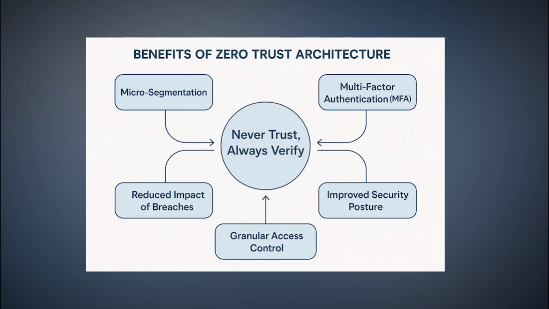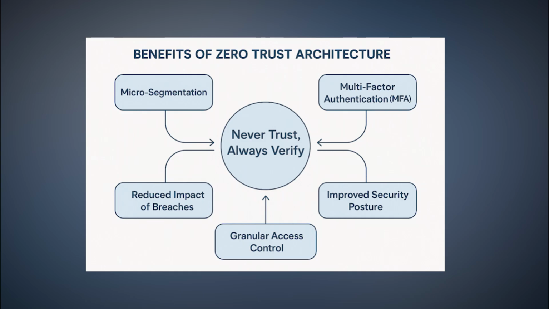Zero trust also improves the organization's security posture, strengthening overall defenses against cyber threats. With granular access control, users can get access to the specific data or system they need, reducing the chance of accidental or intentional misuse.